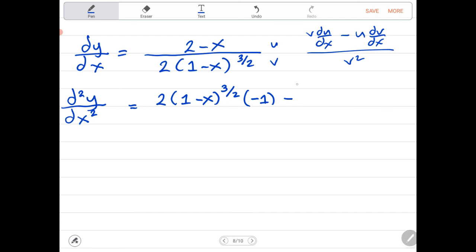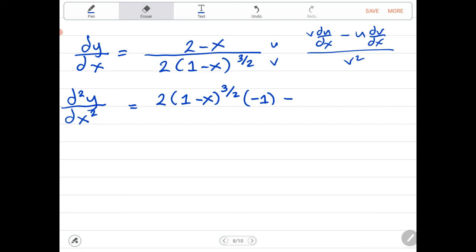Minus u, the numerator, copy, 2 minus x, times the derivative of the denominator, v, 2 times 3 over 2, then we have 1 minus x.